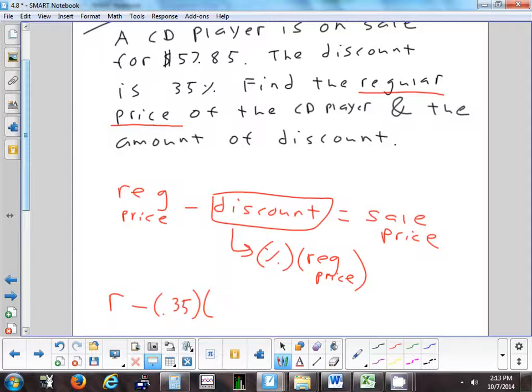It's 0.35 times the regular price. How do we represent the regular price? R. Yep. You might see the same letter appear more than once. That's normal, because you're using regular price twice. And that's equal to the sale price, $57.85.